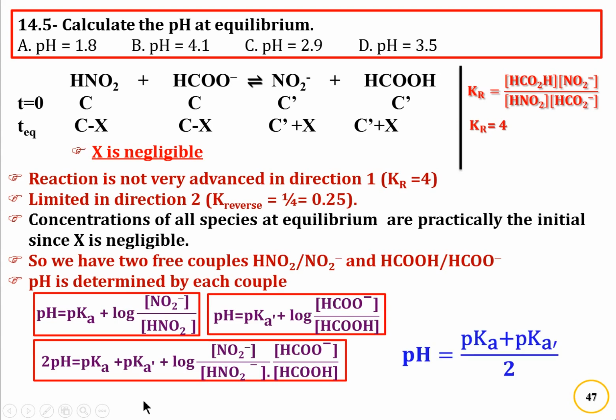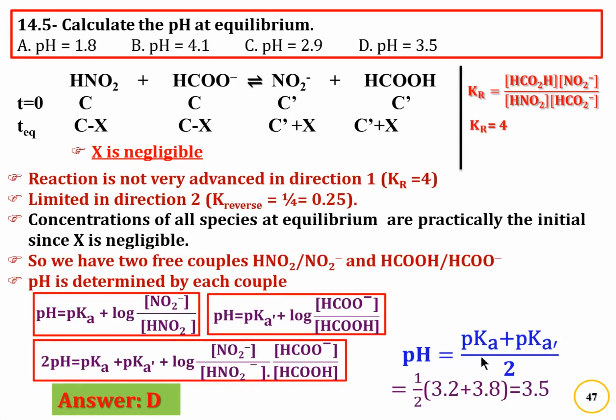So we obtain 2pH equals pKa plus pKa prime. That means pH equals (pKa plus pKa prime) divided by 2, and the pH is therefore equal to 3.5, and the correct answer is D.